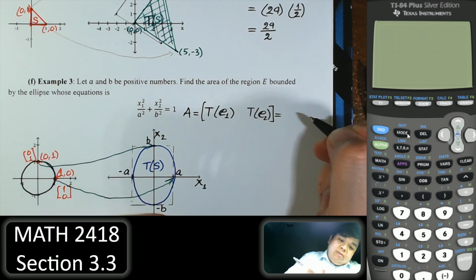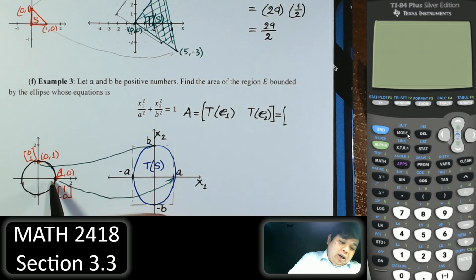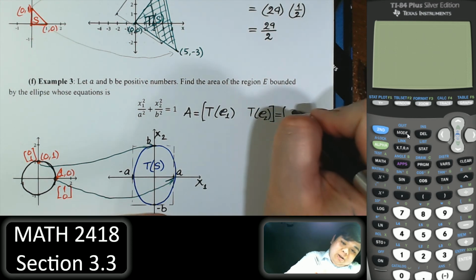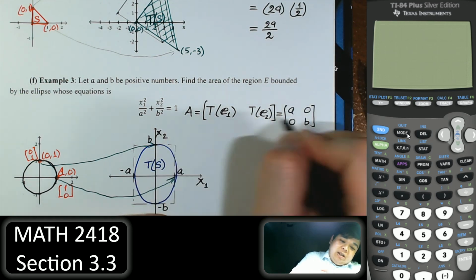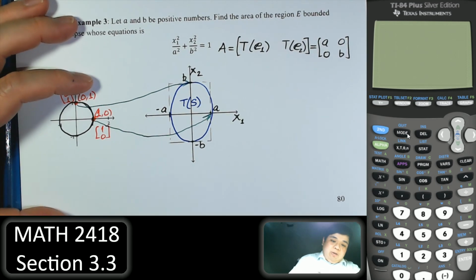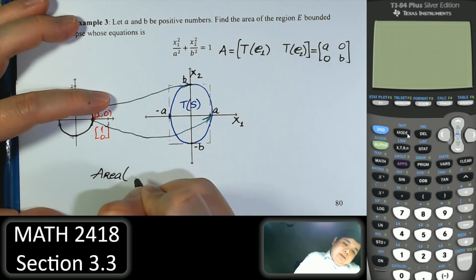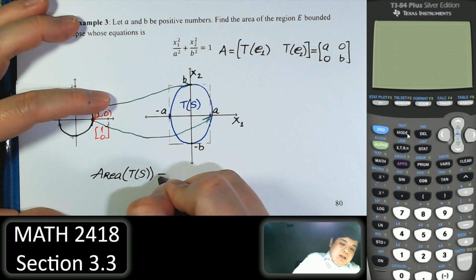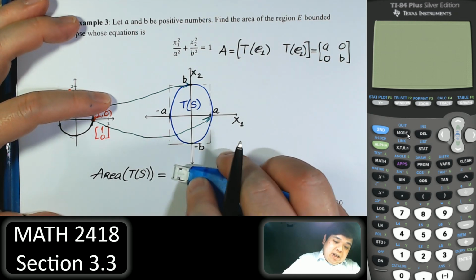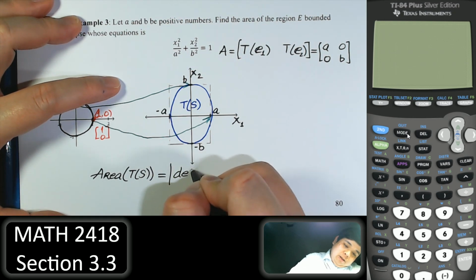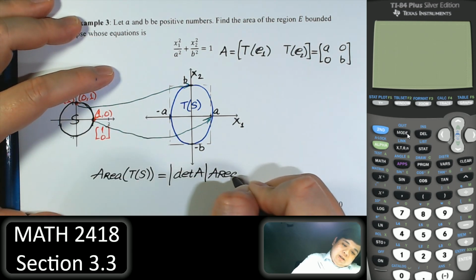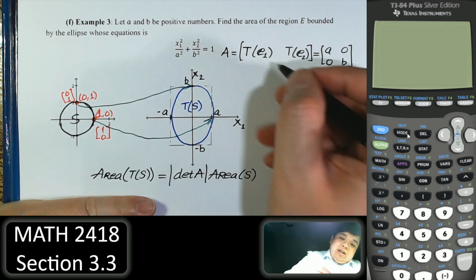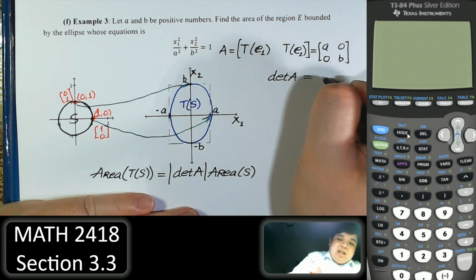And that equal to what? e1, 1 and 0, map into a, this point is a and 0. e2 is going to map to this point, which is x equal to 0, y equal to b, so 0 and b, so that is the matrix A. And finally we have the formula, area of T(S), which is the area of the ellipse in this case, equal to absolute value of determinant of A times the area of S. Right, determinant of A, of course that's just ab.